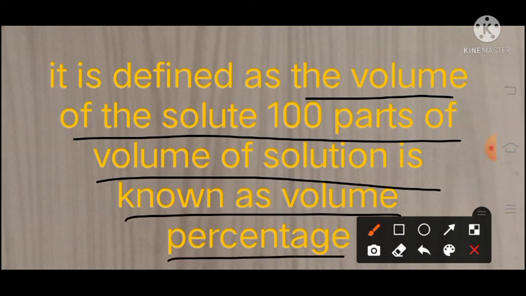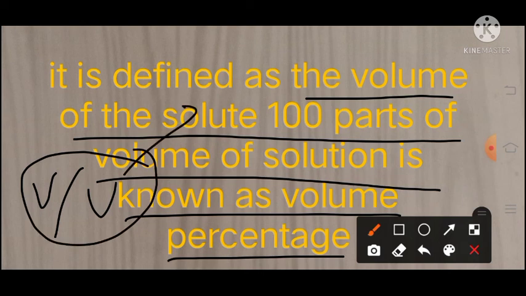Similarly, as mass percentage is represented by W by W, volume percentage is represented by V by V. Here both solute and solvent are in terms of volume, liter or milliliter.